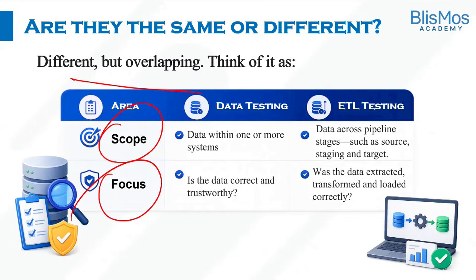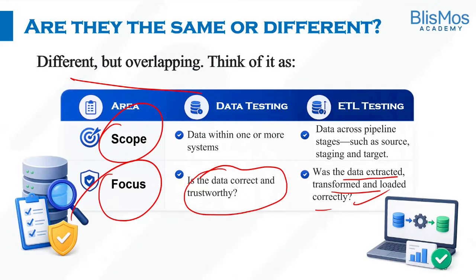On the other hand, the scope of ETL testing is looking across the pipeline stages such as source, staging, and target and asking, was the data extracted, transformed, and loaded correctly? The focus here is that data is correct and trustworthy. The focus here is was the data extracted, transformed, and loaded correctly.